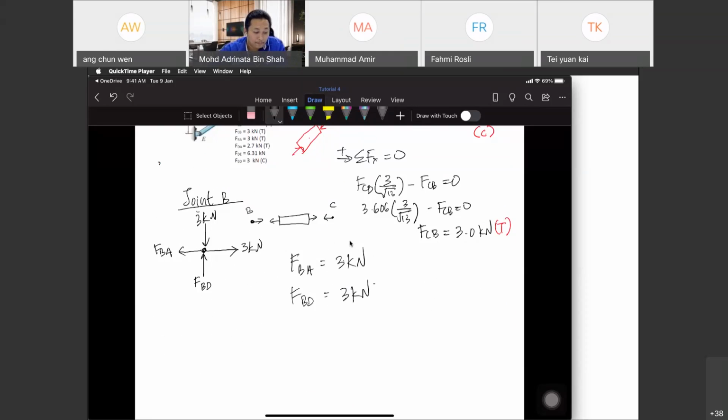So FBA and FBD are 3 kilonewton. Which direction?